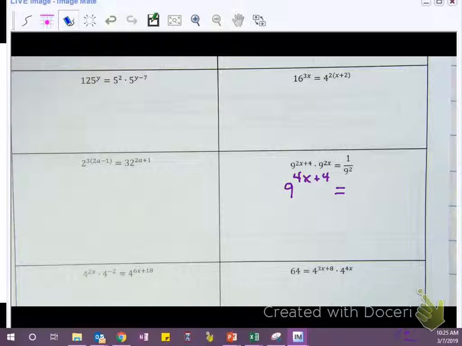And on the right side, now how can we change the format of this one on the right side so that the 9 is the base? 9 to the what power? 2x plus 2x right there.